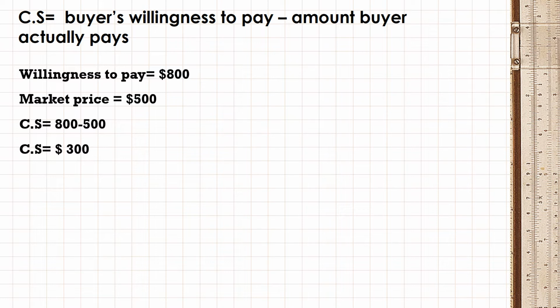So your consumer surplus is $300. This $300 is, you can say, a psychological relief or happiness you receive because you were expecting to pay a higher price, but you got something cheaper. So that's why we say it's a buyer's benefit of participating in the market.